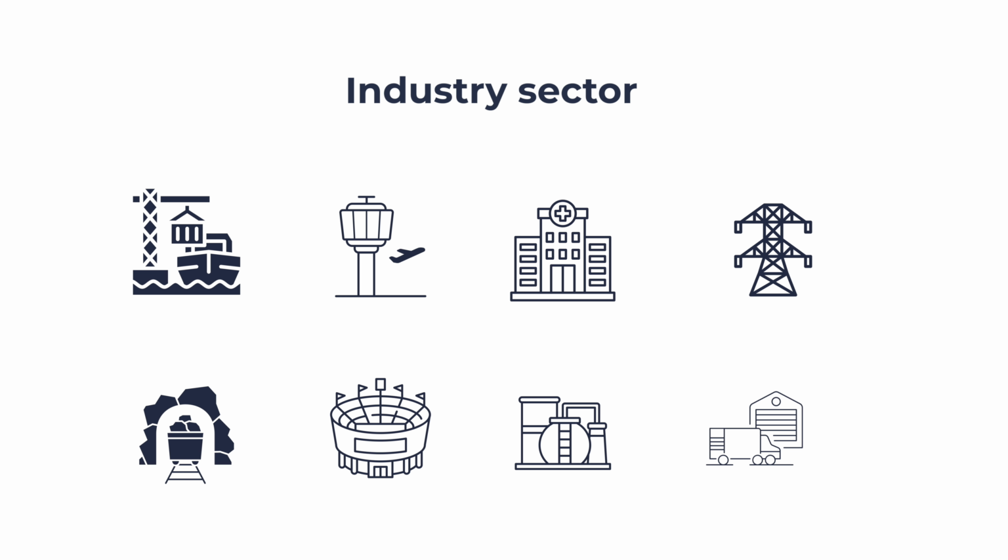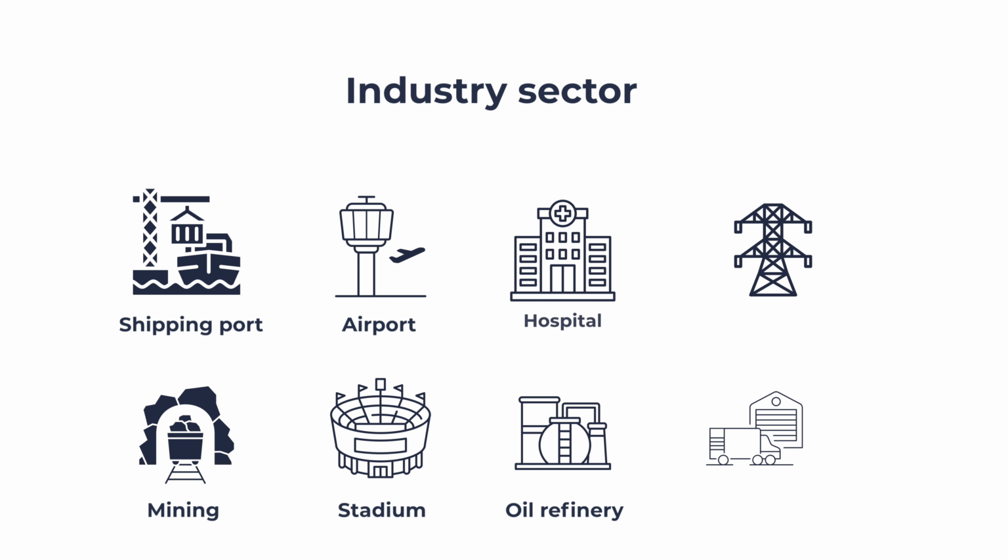And from that, we can see private network customers come from many verticals. The customer whose specific needs are being met could be a port, an airport, a mine, an oil refinery, a stadium, a municipal authority, a hospital, a logistics hub, electricity provider, and so on.